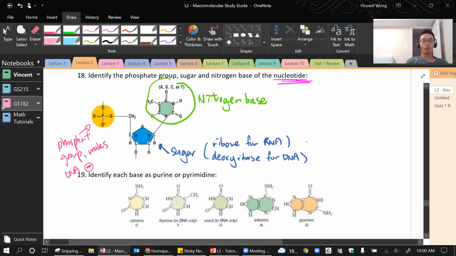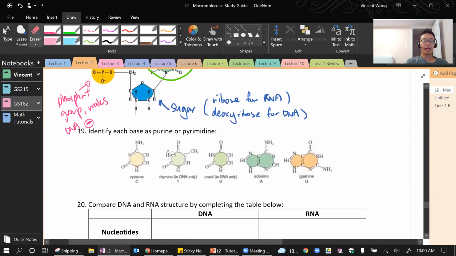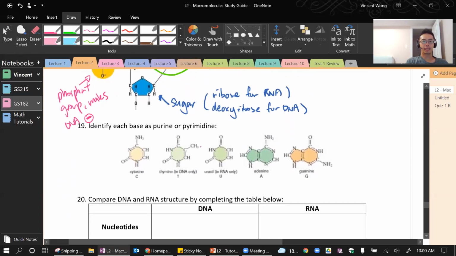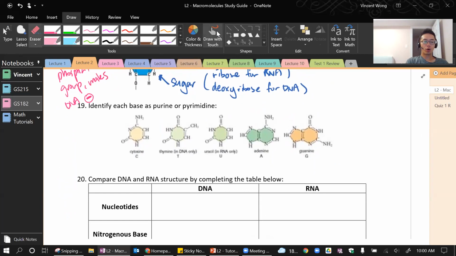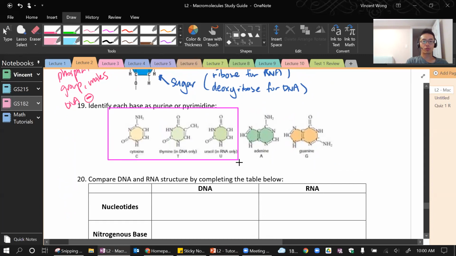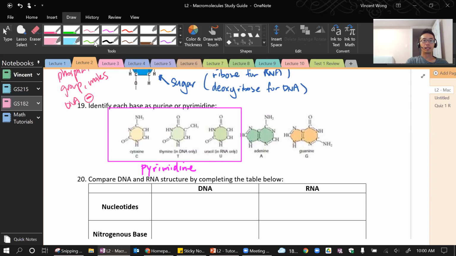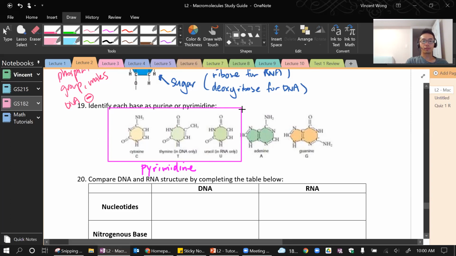Now we can classify the nucleotides into purine and pyrimidine. Again, I won't ask you for the structures, right? But the cytosine, thymine, and uracil, they are the pyrimidines. And the other ones over here, the adenine and the guanine, these are the purines.